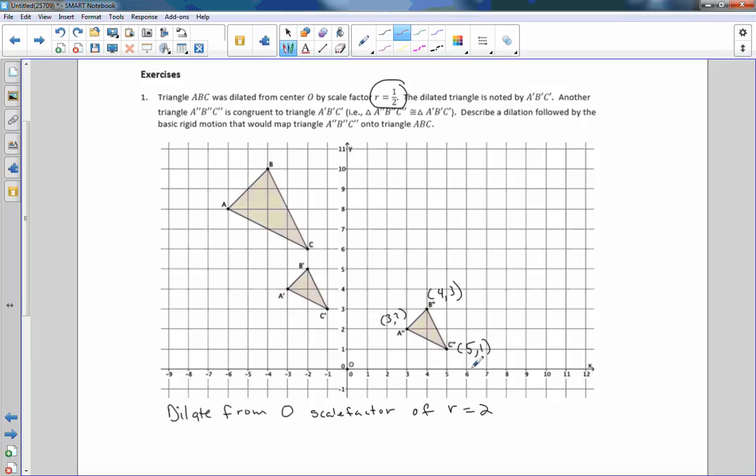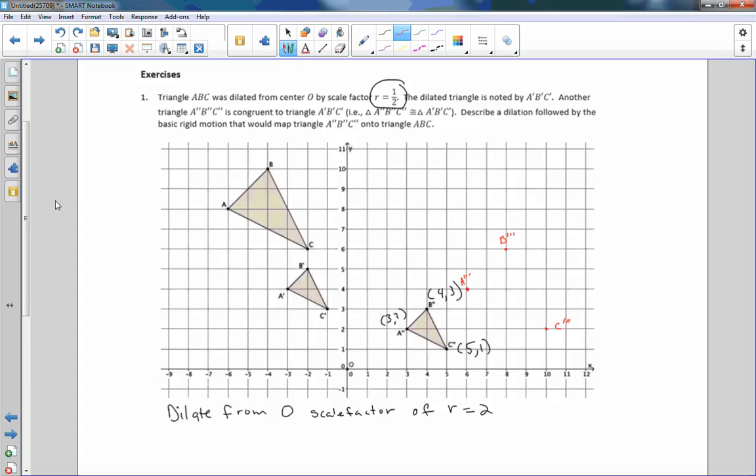So I'm going to go over to 6, up to 4, and here is my A triple prime. And then I'm going to move B double prime from 4, 3 to 8, 6, which is right here. So there's B triple prime. And C double prime is going to scale up to 10, 2. And that is going to be right here, and that is going to be C triple prime.